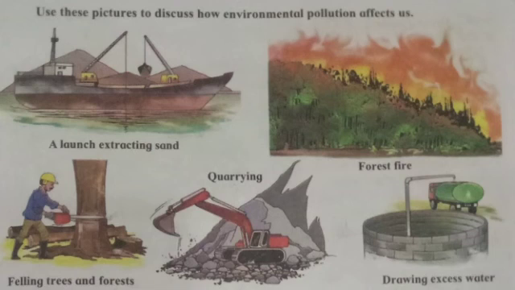If there is a forest fire, it causes pollution like air pollution. Next, felling trees and forest. Because of the increase in population, people started to cut the trees and forest area. Next is quarrying. Quarrying is also known as mining, and by this mining we can get mineral oil or fuels from inside the earth. Last one is drawing excess water. Because population is also increasing, we use lots of water for different kinds of work.